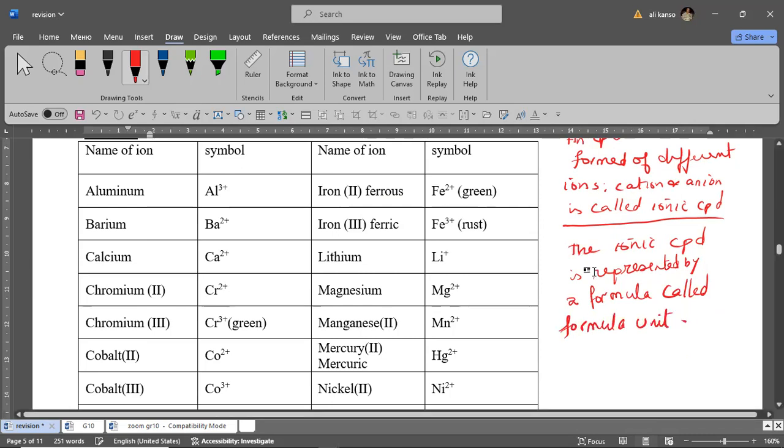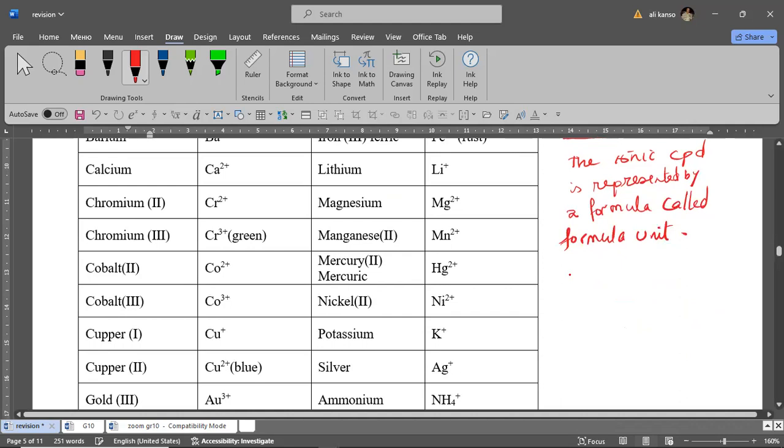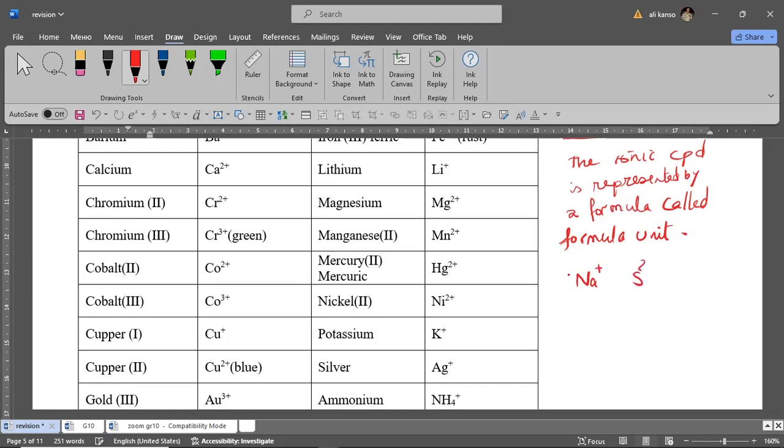If we have two kinds of oppositely charged ions like this, an Na plus ion and S2 minus, what formula can be formed between these two kinds of ions? First, we have to make a balance between them. The charge of Na plus is 1 plus, and the charge of S is 2. So we crisscross.